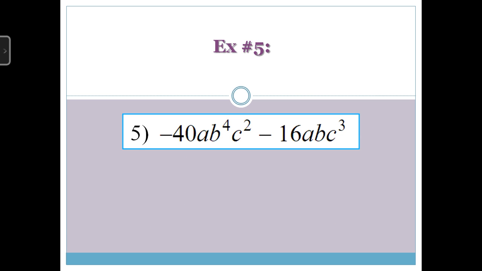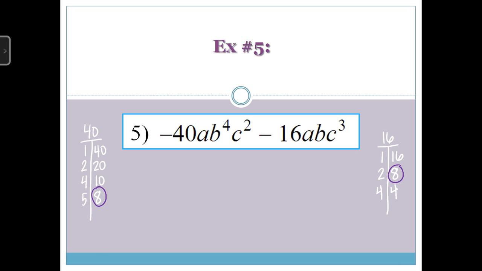All right, let's look at example number 5. Go ahead and write that one down. So remember, the first thing that we have to do is find out what the GCF is. And the highest that they both have in common is 8.